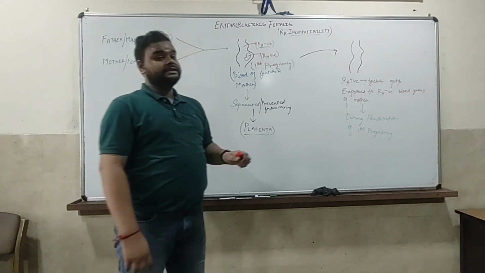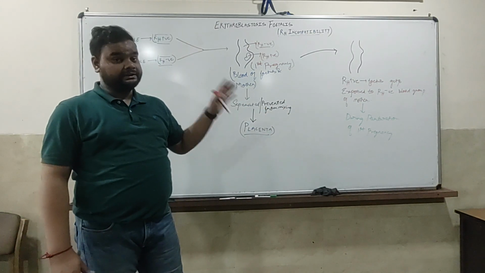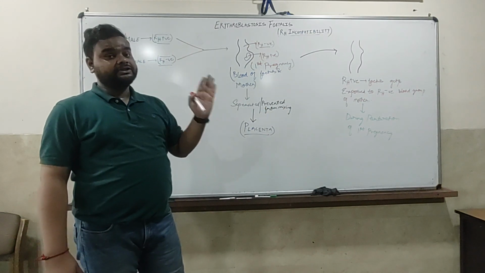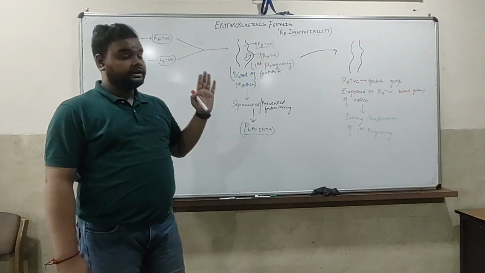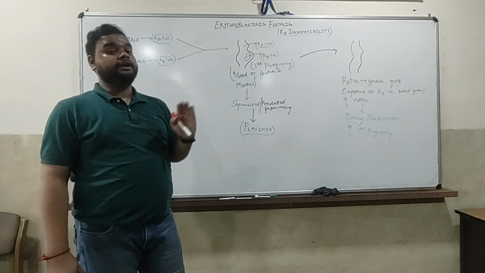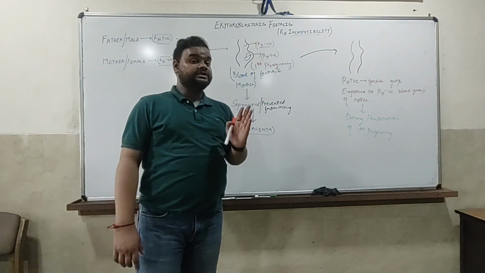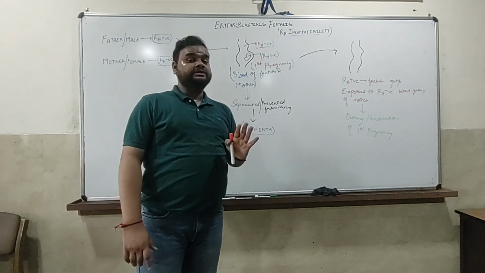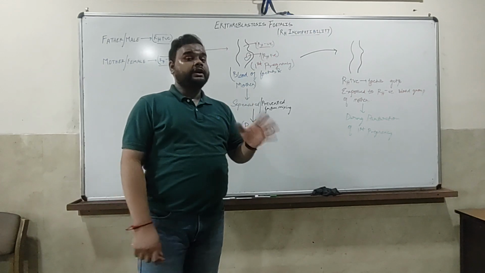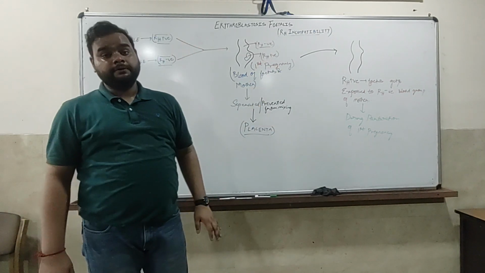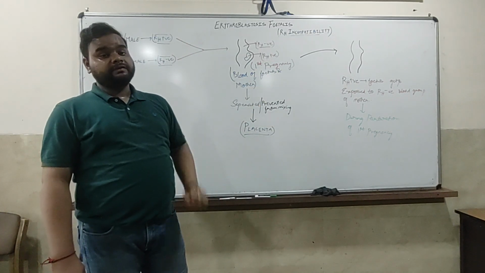Now, when this exposure happens, the Rh negative blood group comes in contact with the Rh positive blood group. The Rh positive blood group will have the Rh antigen on the surface of the RBC, which acts as a foreign body for the immune system of the mother.